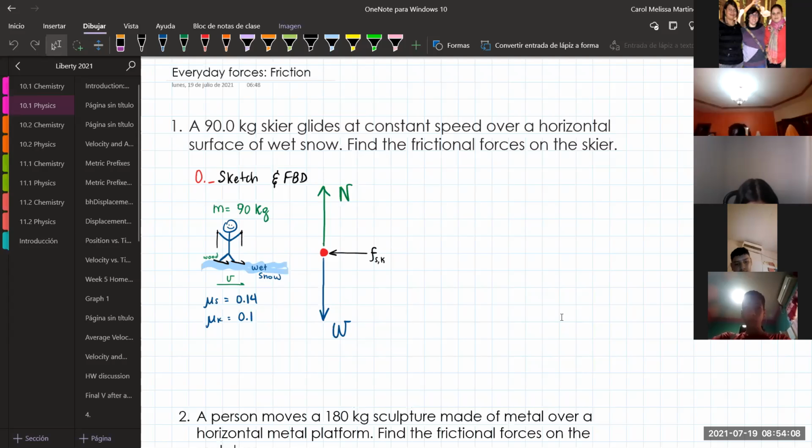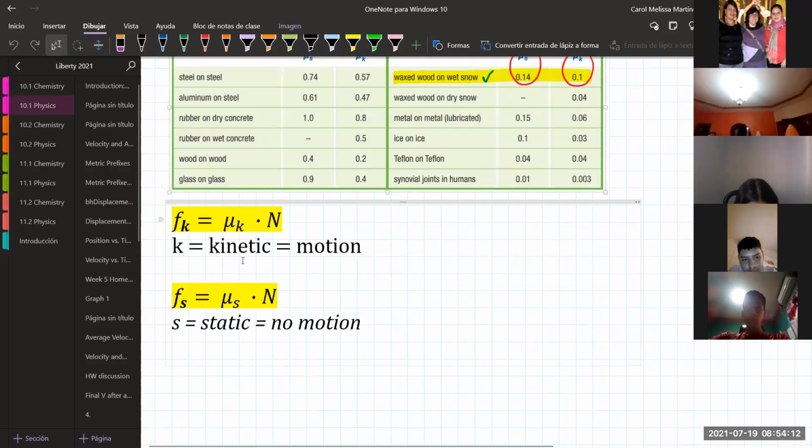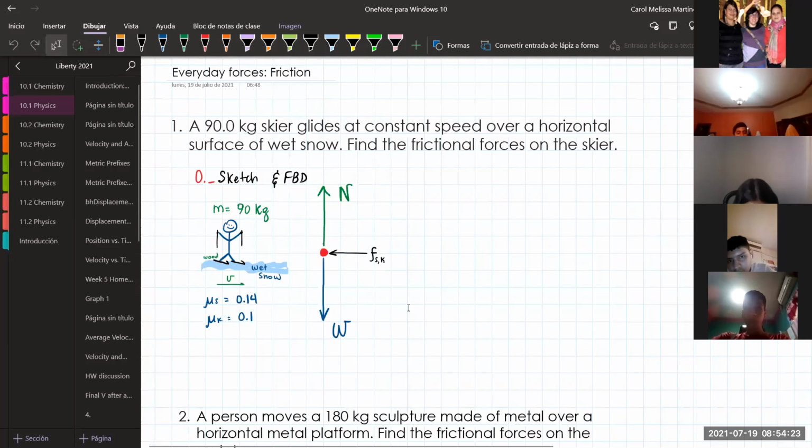Now that we have everything we need, we're going to focus on the formula. The formula says that for either kinetic or static friction, I need to know the normal. So that will be my first step, to find the normal force. Now, take a look at the free body diagram. According to the free body diagram, my normal force is equal to my weight.